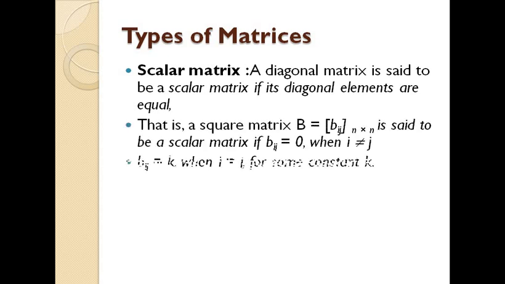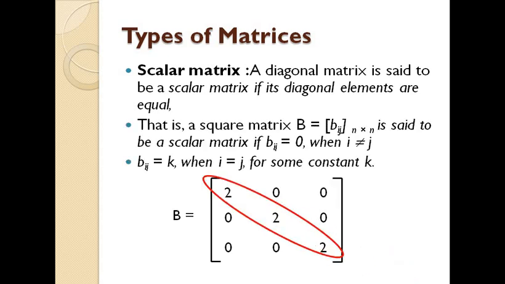See the example. Now here all the elements are zero, but in the diagonal each and every element is the same, that means 2, 2 and 2. It is not necessary that it should be 2, it can be any value, but in any case all the values should be the same.